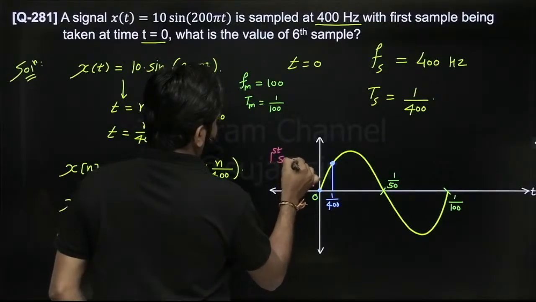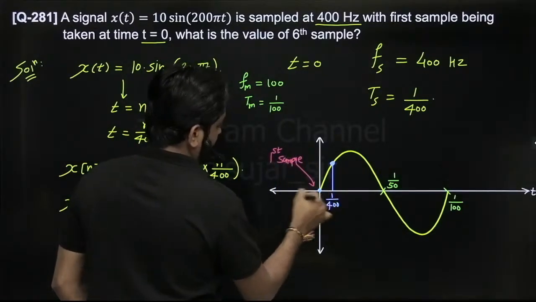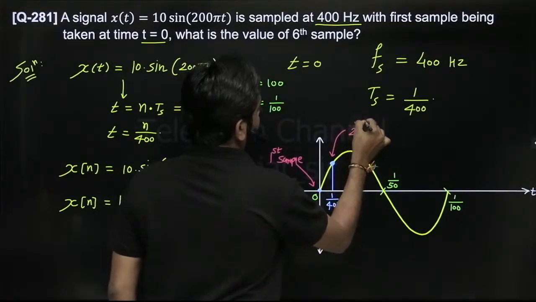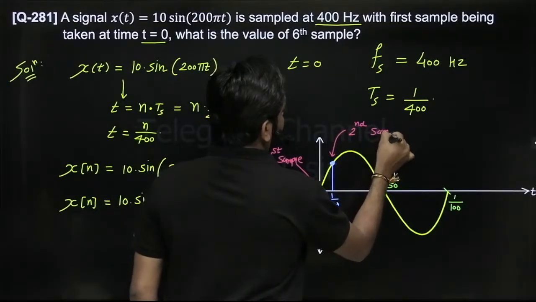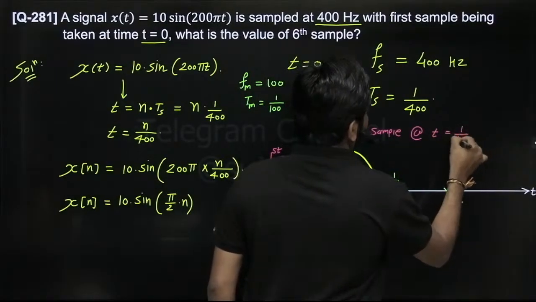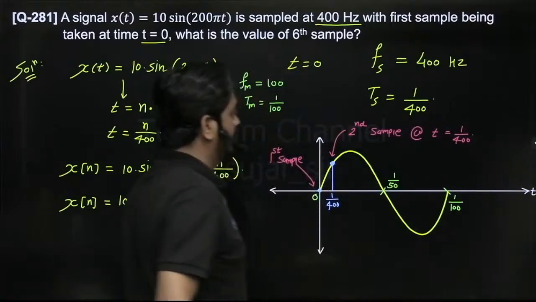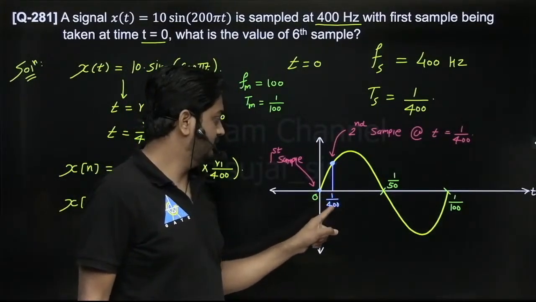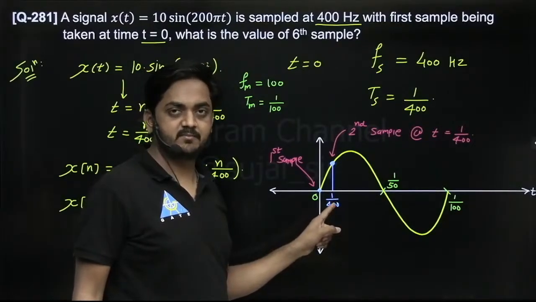Can we say like this? First sample at t equal to 0, second sample at 1 upon 400, guys.